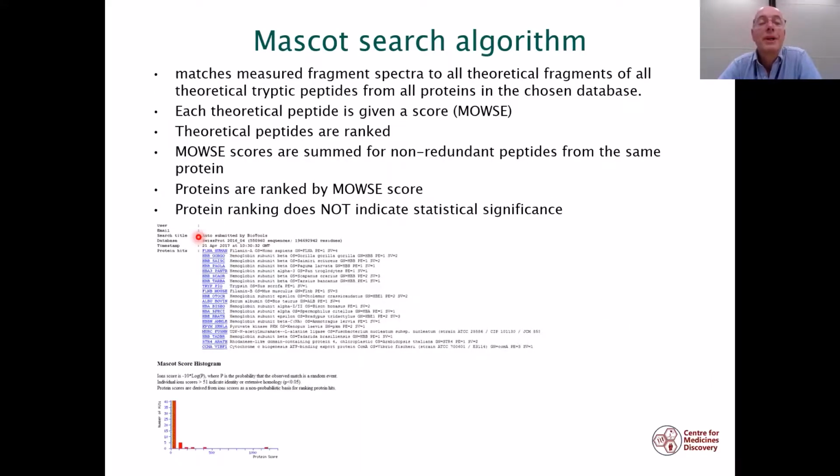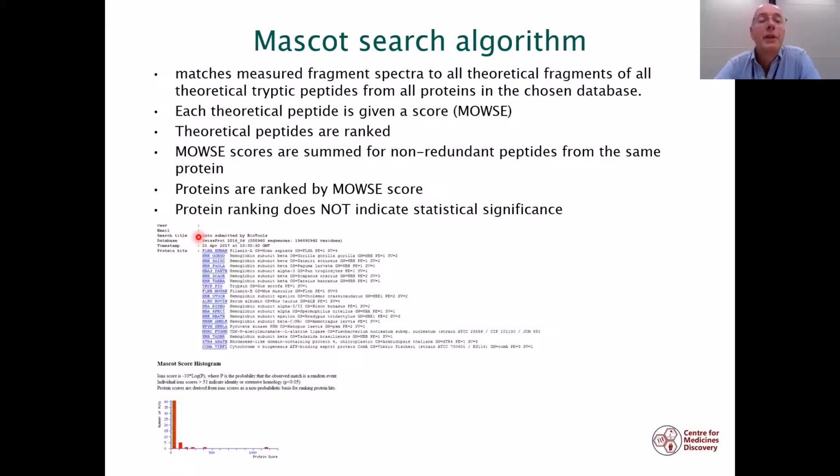What Mascot does is it matches the measured fragment spectra. So every fragment spectrum that you have is matched to all theoretical fragments of all theoretical tryptic peptides for every single protein in your database. And if your database is Swissprot, that is a very large number of fragments.